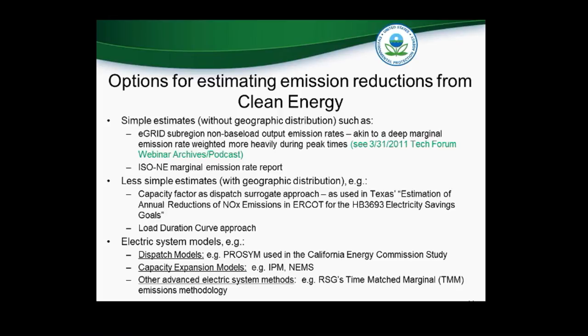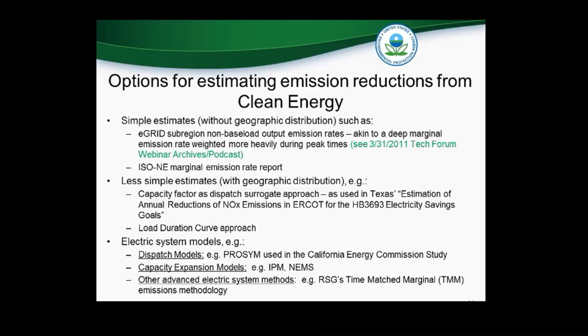An example is the eGRID subregion non-baseload output emission rates. This is akin to a deep marginal emission rate weighted more heavily at the peak times, and we have some more information about how that's put together in the Tech Forum archives. ISO New England also publishes annual reports on marginal emission rates in their area. That's another example. Then there are less simple estimates.